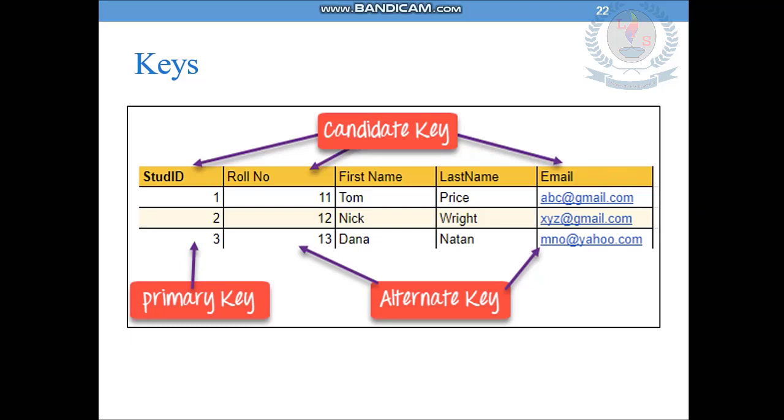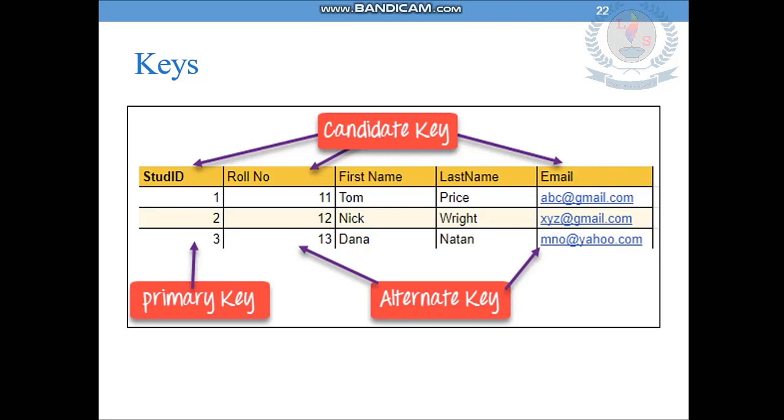Primary key, student ID, because no one can have the same ID. Then roll number also we can say is a candidate key. Student ID, roll number and email address: two students cannot have the same email address. So student ID, roll number, email, those columns are unique.